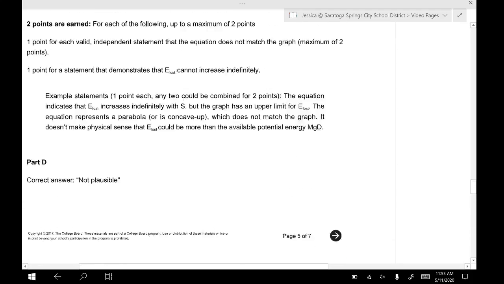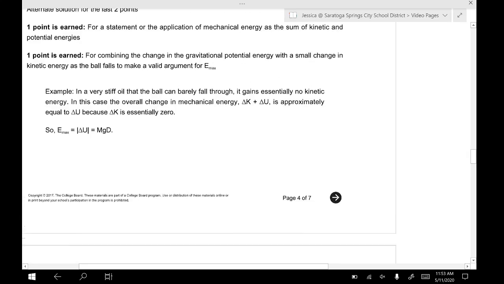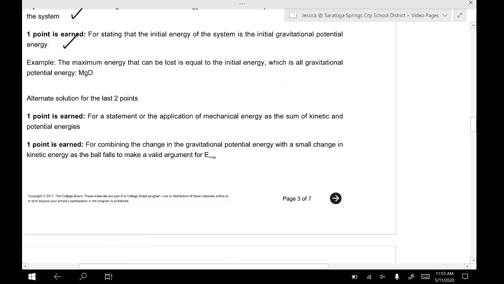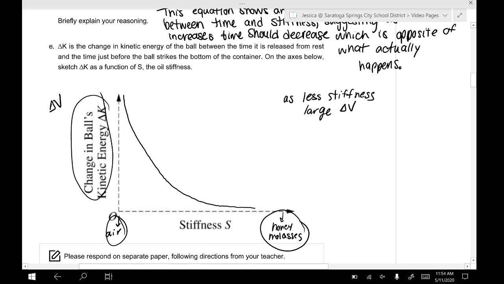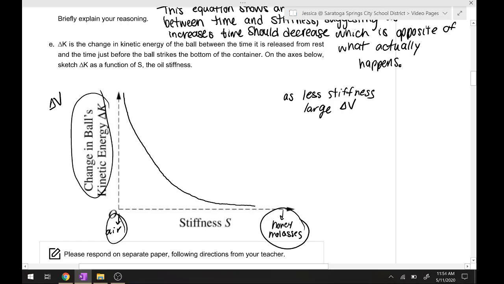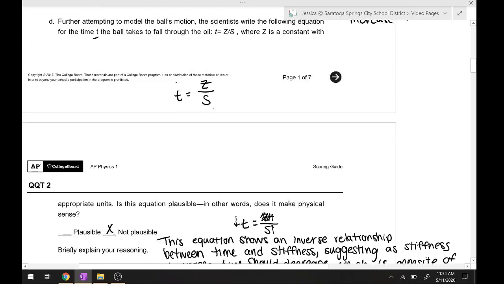All right. So this was definitely a strange way to think about energy conservation because you have a ball falling through oil. It's a weird question. But this is how they like to test your ability to apply knowledge rather than memorize it. So they're going to present you with a unique situation that you've never seen before to apply knowledge that you know. This question was really not that difficult.